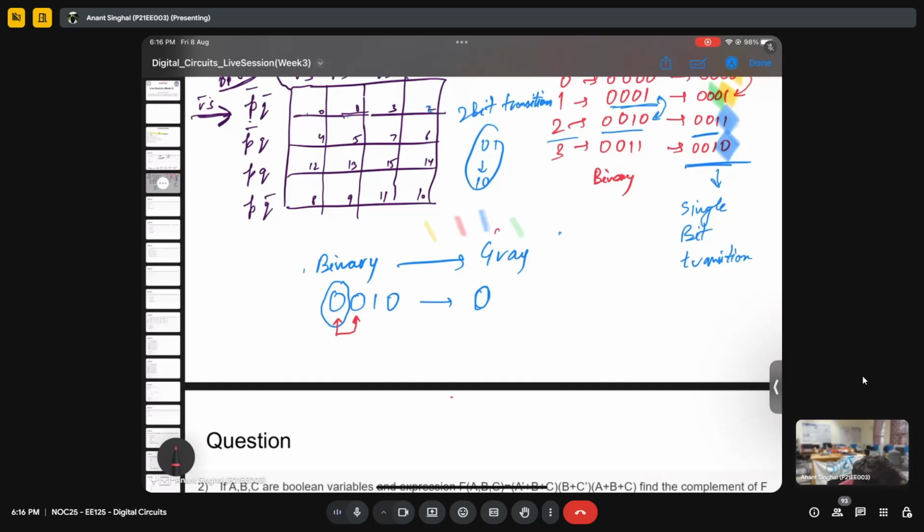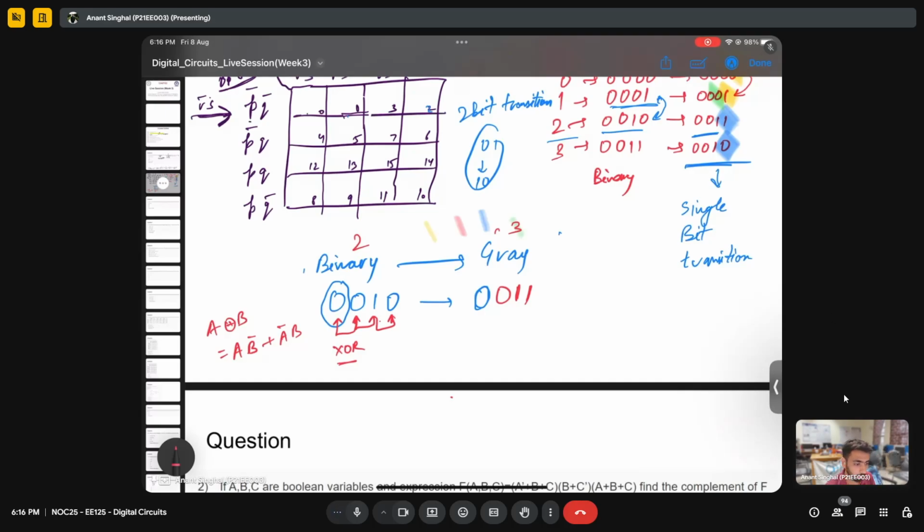XOR means A XOR B is nothing but A B complement plus A complement B. This will be covered in the next lecture, which is logic gates. So 0 XOR 0 gives you 0, then 0 XOR 1 gives you 1, and then 1 XOR 0 gives you 1. So this is the binary 2, which is equivalent to 3 in gray. This is how we do the binary to gray conversion.